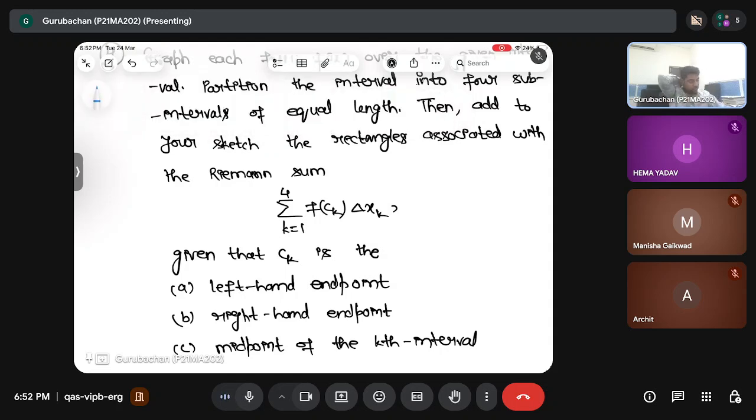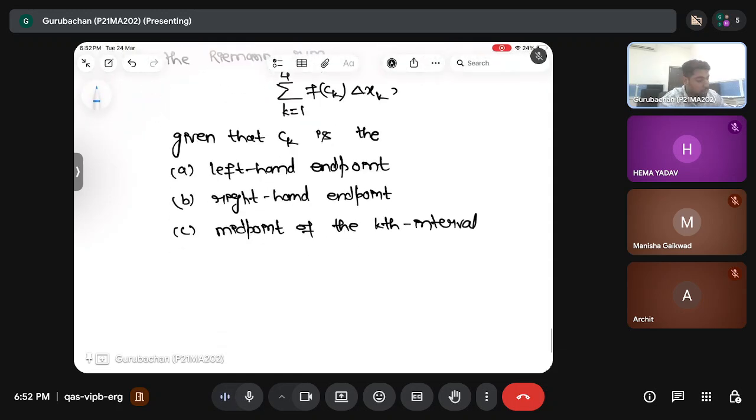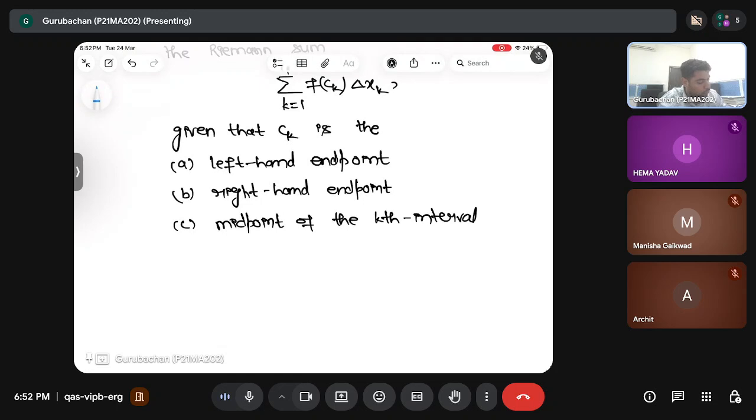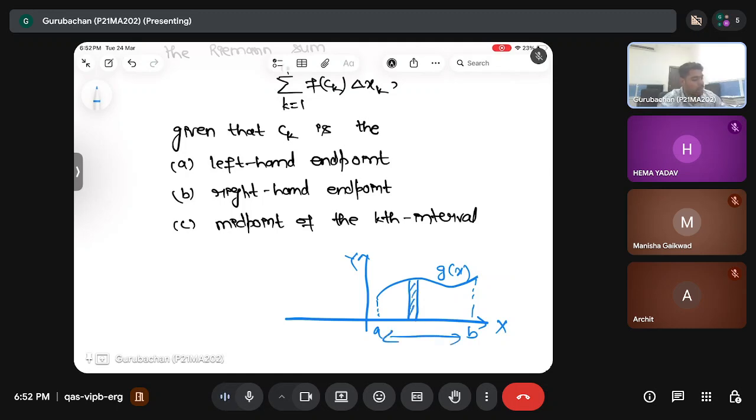So let me first recall what your Riemann sum is. Whenever you are given some function g(x) and you are integrating from, suppose, a to b, then you divide it into subparts. You first do the partition of a to b.